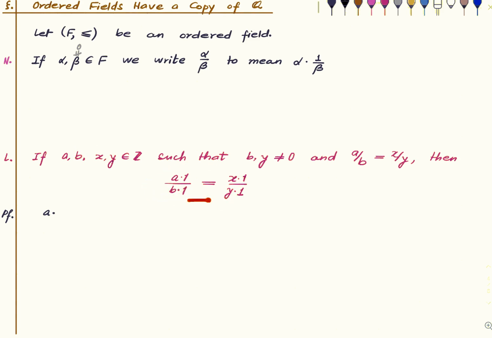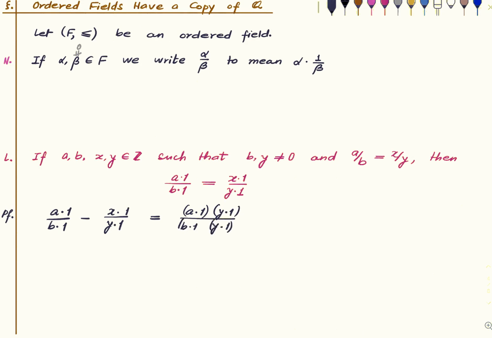So to show that this side is equal to that side, we may just show that if we take the difference, it is 0. So just consider this difference. But this is equal to a dot 1 times y dot 1 by b dot 1 times y dot 1.